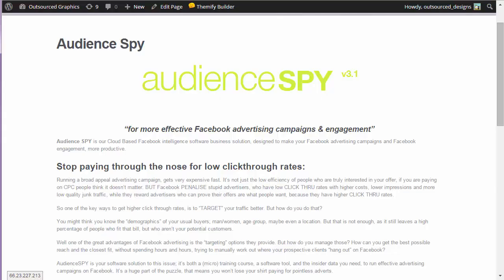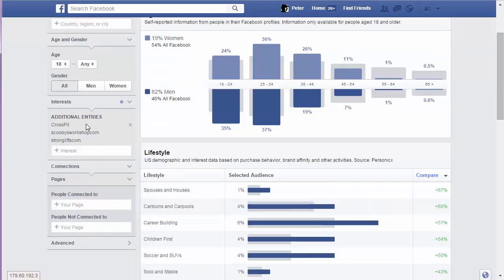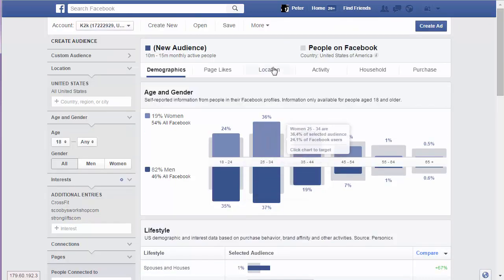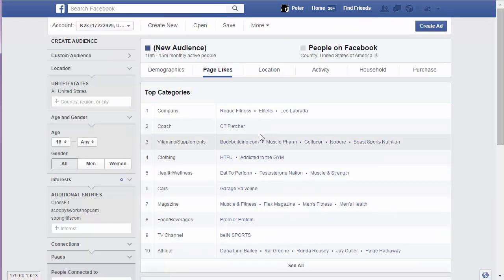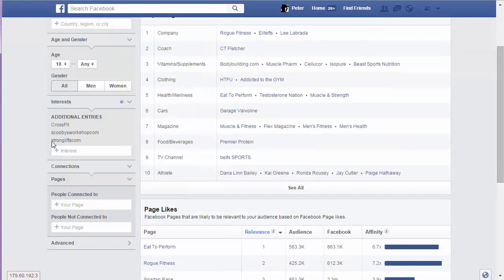So let me go to that. It's only because we put these in that we were able to get all these other page like things and all these other brands, and then that gave us the demographics as well. And all we started with was the word CrossFit.